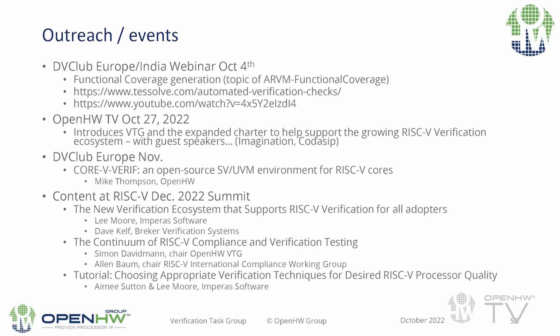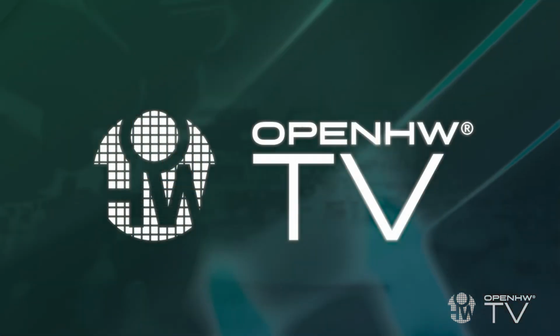And then there's a lot of content around RISC-V verification at the RISC-V Summit coming up at the end of the year. And then there are other things for next year already in play. There's a paper at DVCon in spring. And so there's a lot going on as more and more people are getting involved in RISC-V verification to understand it. So with that, I'd just like to say thank you very much for listening. And then we're going to move to the Q&A session. Thank you.